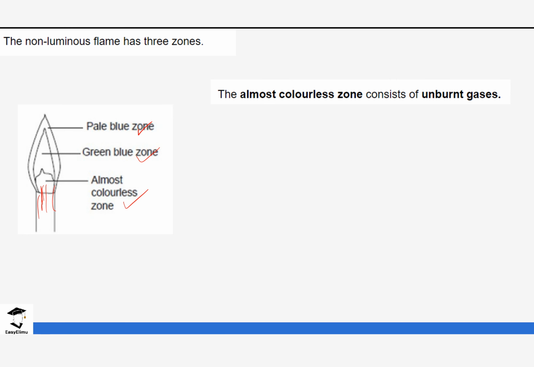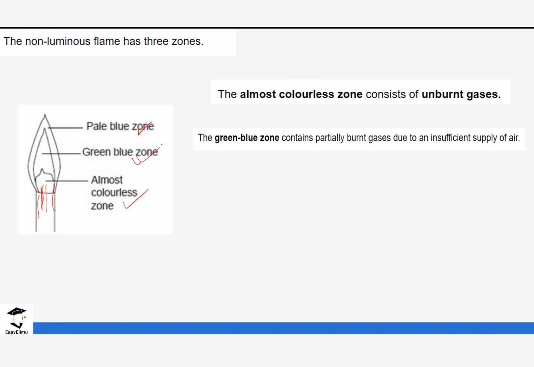So these gases in this place are not burning, they are unburnt gases. That's why it's almost colorless. We also noticed the same thing when we were discussing the luminous flame. It also had a colorless zone, and it's because of the unburnt gases.